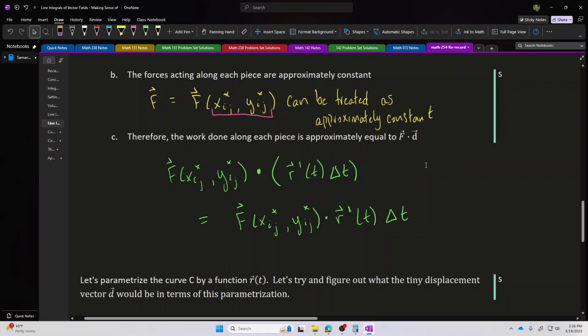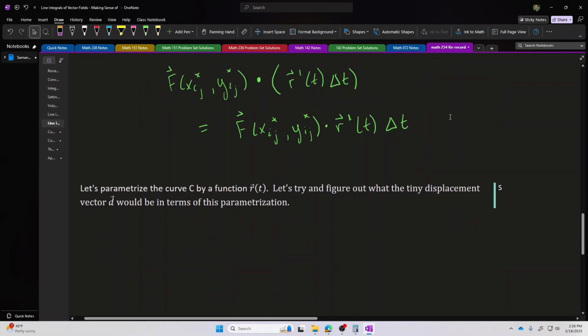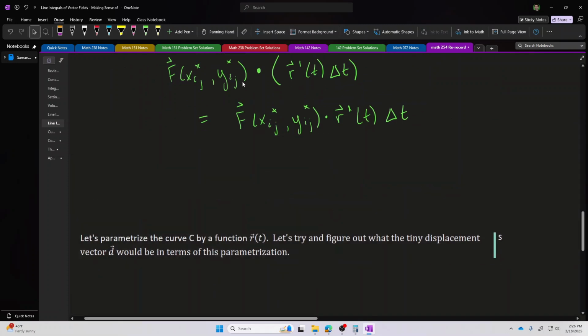So this is the work done by the force acting on the object as it moves along a tiny portion of the curve C, and therefore the total work done would be approximately equal to the sum of all the work done along these little pieces.